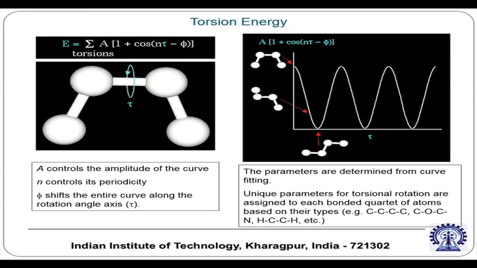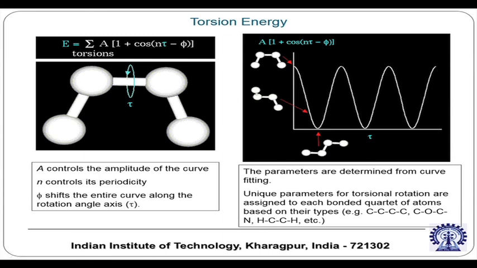The torsion energy, you can represent by a suitable mathematical form, which can be, for example, a periodic function. In this formula the capital A controls the amplitude, n controls the periodicity, and phi shifts the entire curve along the rotation angle axis.